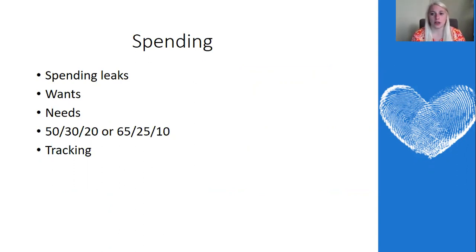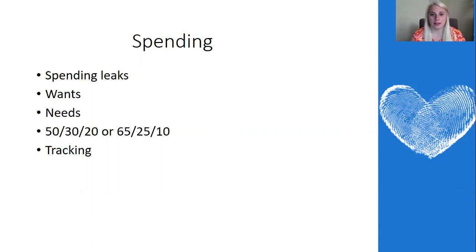A spending leak is where you're spending money and not really realizing it, so it's slipping through your fingers. Good examples are eating out and spending money at the grocery store. Those are the 2 places where we see spending leaks happen most often and most regularly. In order to keep on track of those spending leaks, you have to start really tracking, which is also part of spending as well. We'll talk a little bit more about that.